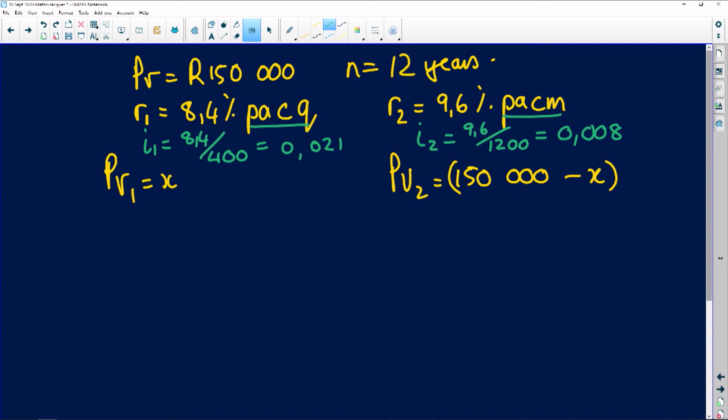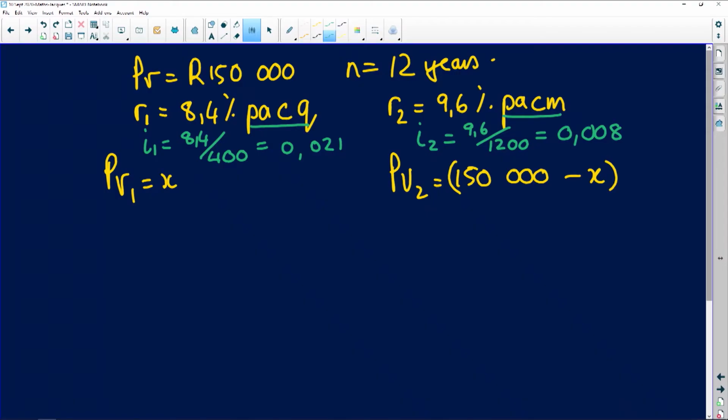0.008. Okay, so they say the future values must be the same for both of these. So we can put it into the formula and make them equal. Let's see. On the left-hand side, we would have invested X at this particular rate, which is 1.021, and it's for a period of 12 years. Now remember, this is an effective quarterly rate.